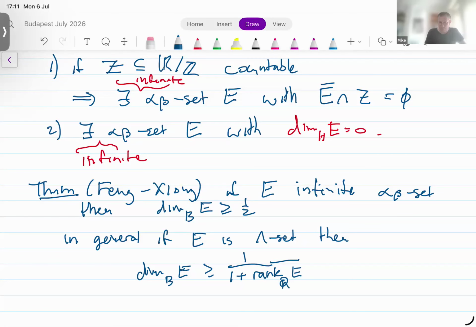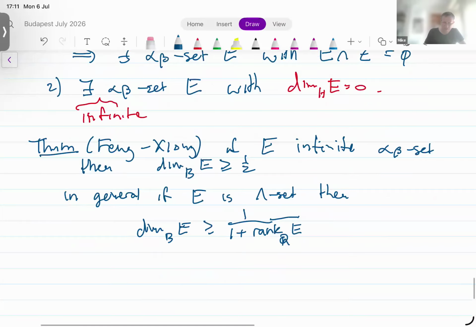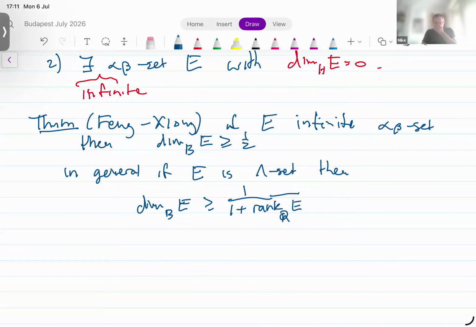So actually for two elements, it's a little bit better than you would expect. There's a little bit of gain in the denominator. But in all these cases, you do get a positive box dimension, even though the Hausdorff dimension can be 0.